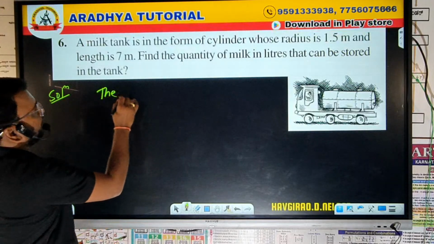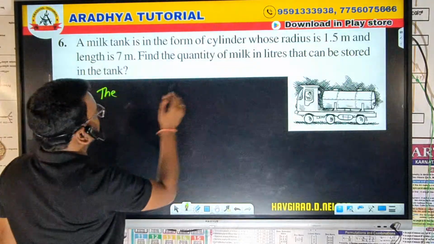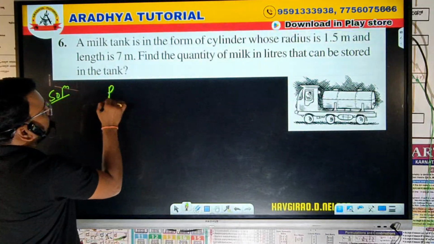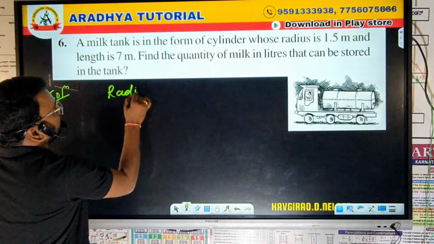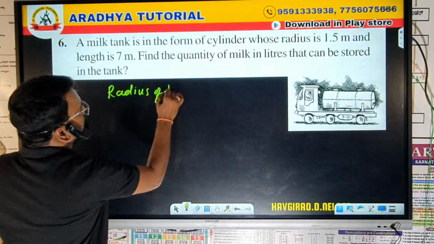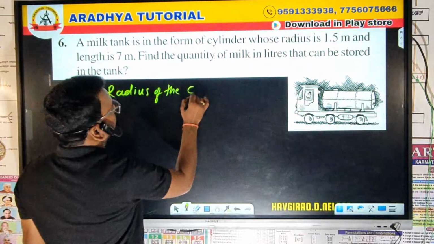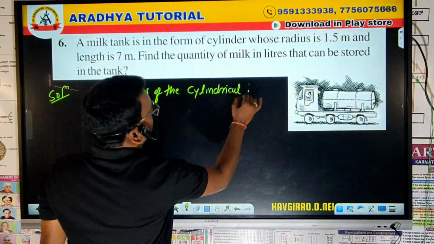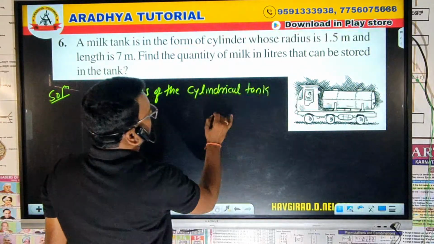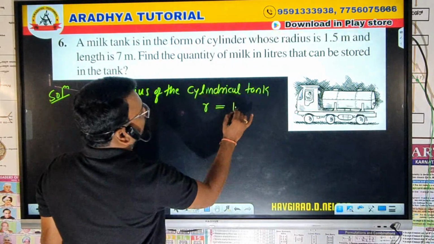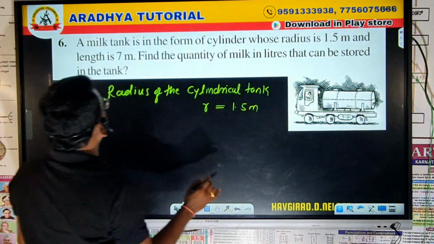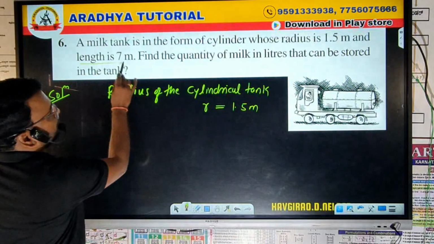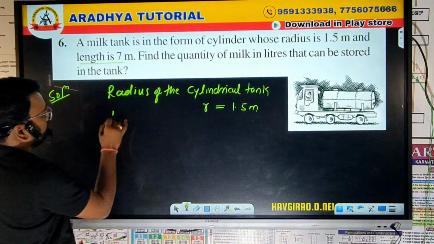The radius of the cylindrical tank, that is r equals 1.5 meter, and height, length means we consider height.